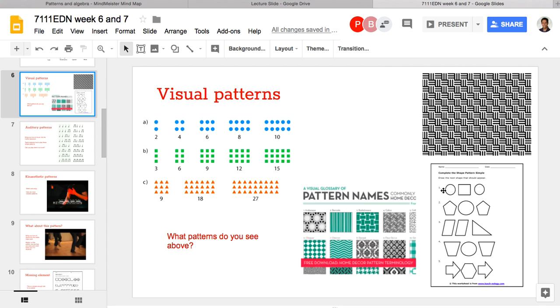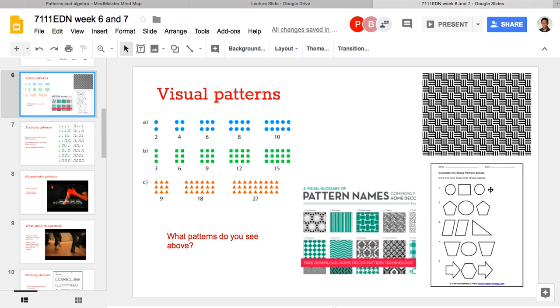Remember, one of the content descriptors is extending patterns. So we have a square, we have a circle, we have a square, we have another circle. The job for the students is to figure out, you tell me, what is the next object in this sequence?